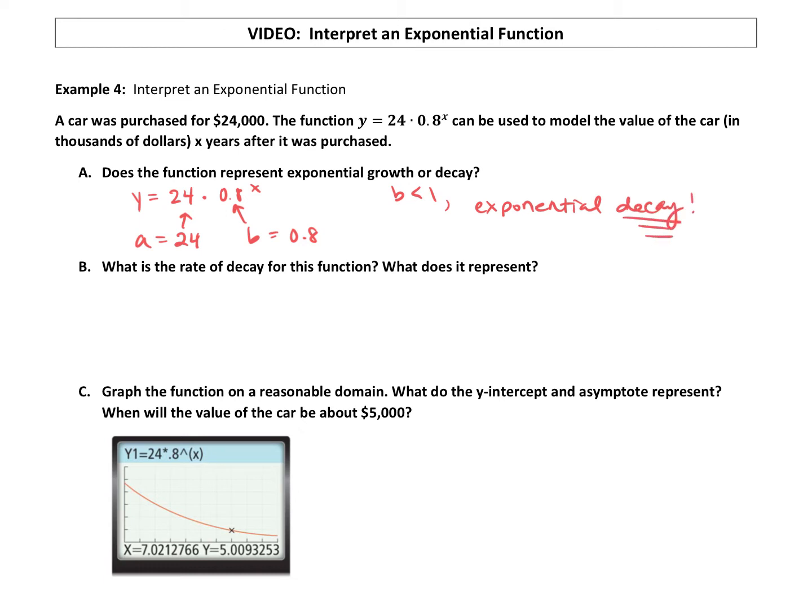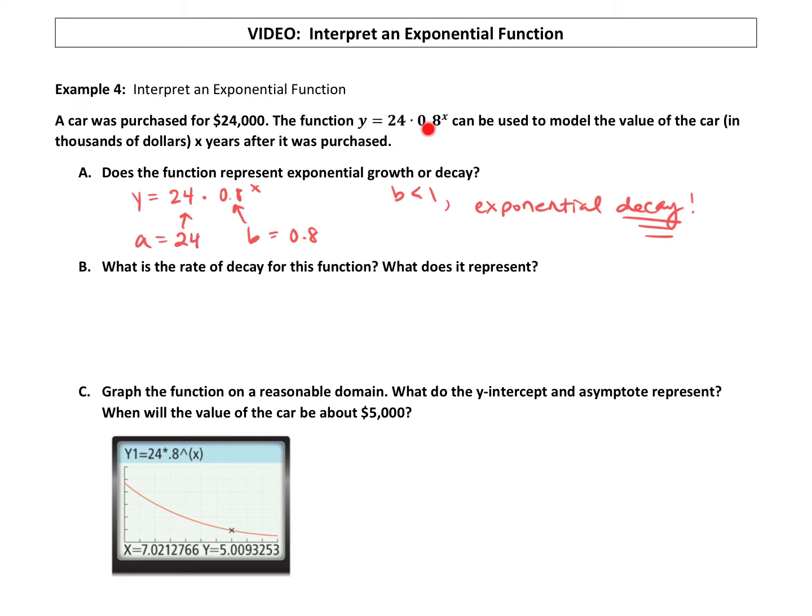If this number is greater than 1, like we saw 1.013 in our population example, that means that it's an exponential growth.